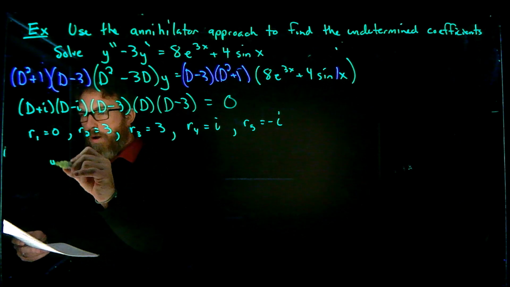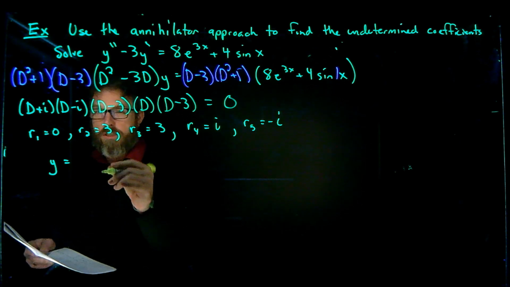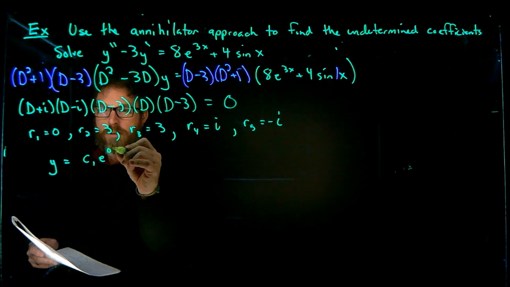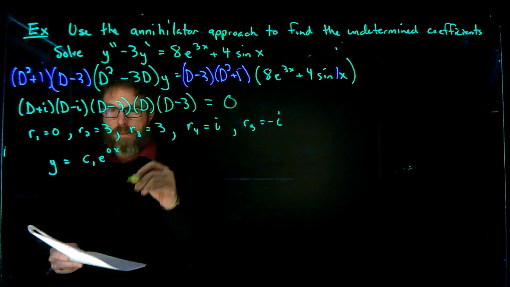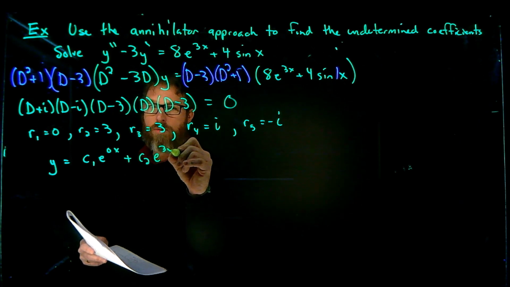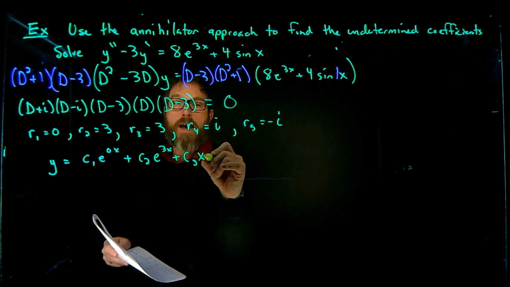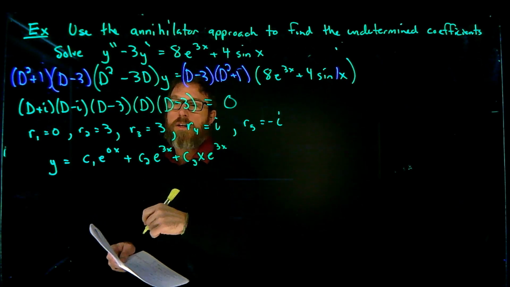We're going to have y equal to c1 e to the 0x, that comes from this, plus a c2 e to the 3x, which comes from this. It's a repeated root, so I'm going to have a c3 x e to the 3x, so you introduce that extra x.